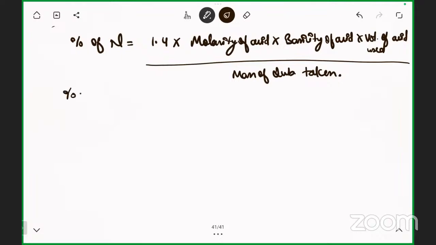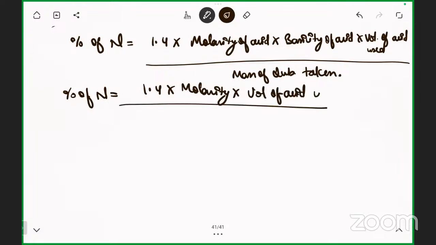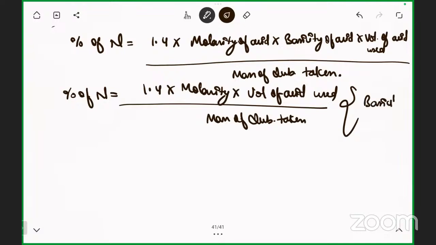Or you can use percentage of nitrogen equals 1.4 into molarity into volume of acid used divided by mass of substance taken, but in this condition the basicity of acid is considered as 1.